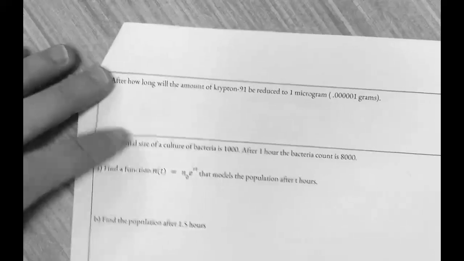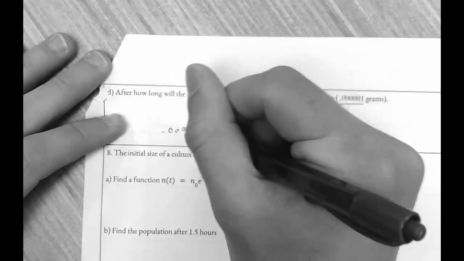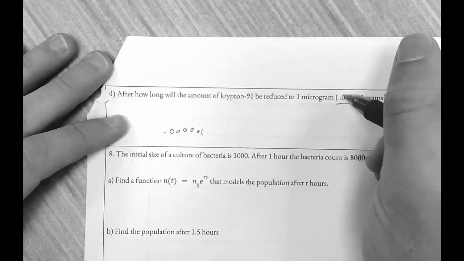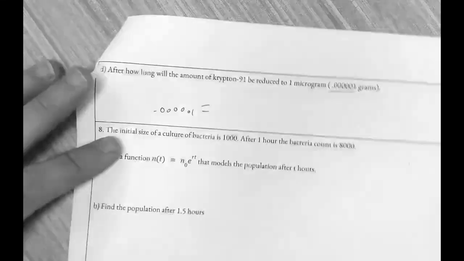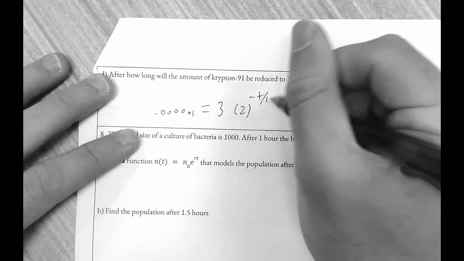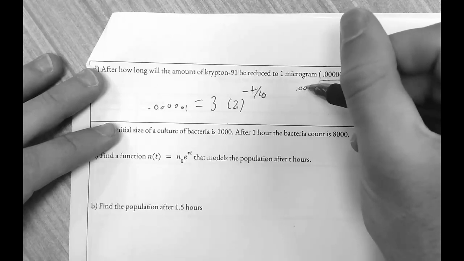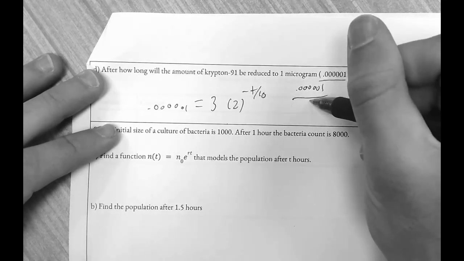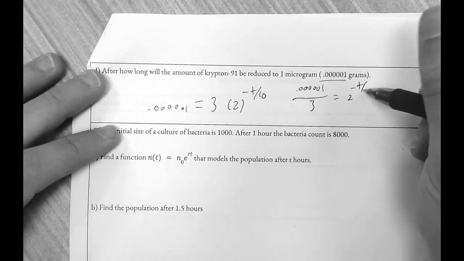D, after how long will the krypton be reduced to 1 microgram? So similar, we're going to just rewrite this out, 0.000001 equals 3 times 2 to the negative t over 10, and then I'm solving for t. So this would be 0.000001 over 3 equals 2 to the negative t over 10.